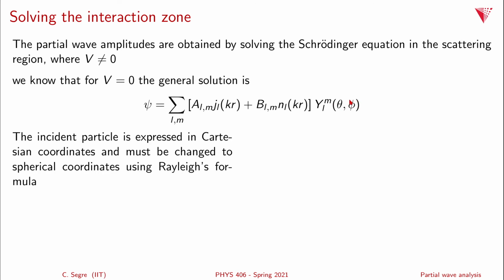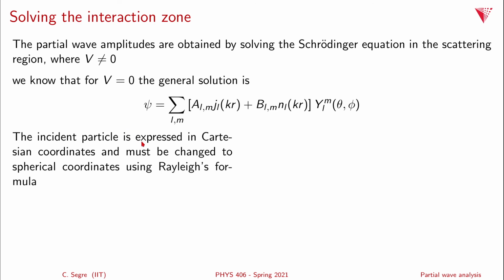Because this is exactly the solution that we have in the intermediate zone, where the potential is assumed to be 0. Here, if we say the potential is 0, then we have the same solution in the scattering zone as we have in the intermediate zone.